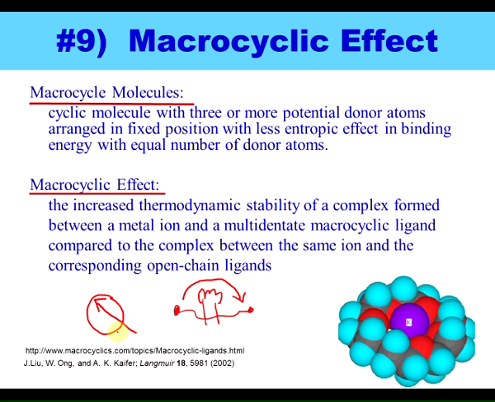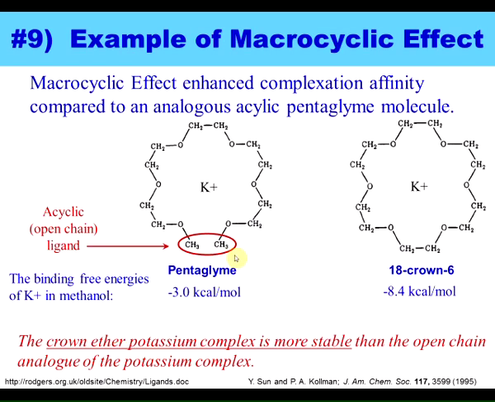So here we have some data. Here we have a crown ether. The crown ether has all these oxygen ligands or donor atoms, and they've got lone pairs to donate to the central metal. So this is already arranged into a ring, and all the metal ion has to do is sit within the ring itself to be bound.